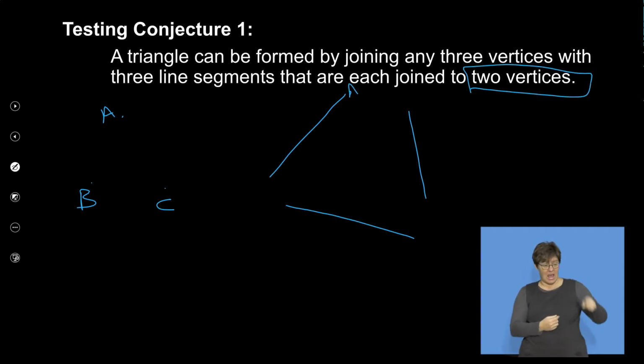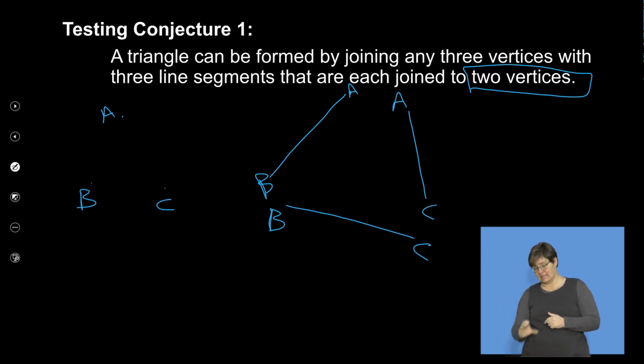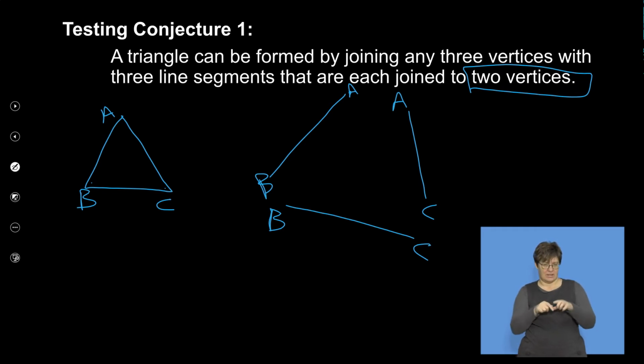So my A will be maybe the top, and my B will be somewhere there. And then the other line will be between B and C, and then the other line will be between A and C. And then if I join them at the end, then they lead to me having a triangle like that. That's what this conjecture says. But do you think we can disprove this conjecture? We are yet to see it just now.